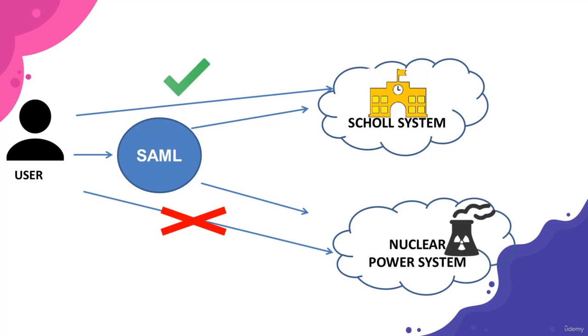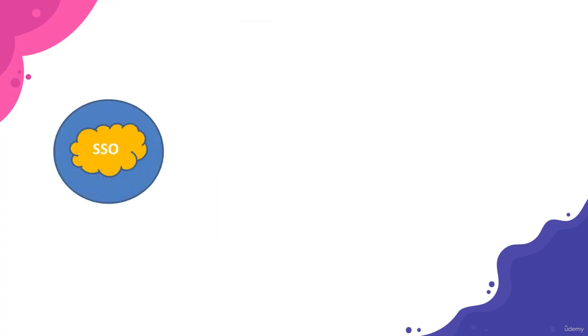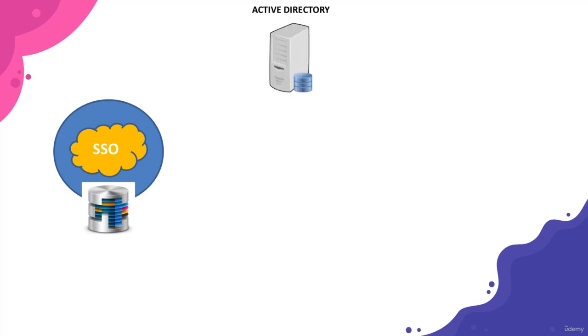Some SSO systems can connect authentication mechanisms from different environments, such as different operating systems or different networks. A common method is a federated identity management system, often integrated as a federated database. This federated database provides centralized authentication in a heterogeneous environment.